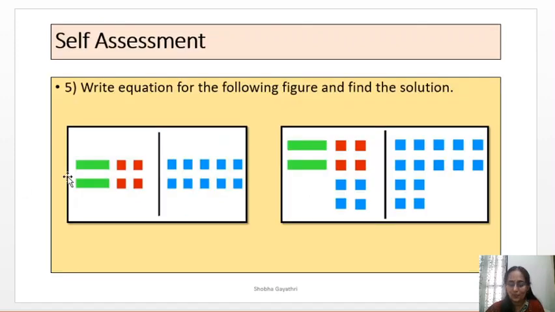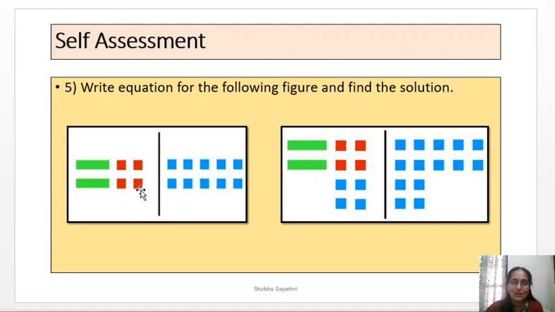We hope you are clear on the definition of the solution of an equation and on the transposing rules. If you are not that clear, watch the video again and answer this self-assessment question yourself. Here the first figure represents your question. You have to write the equation for this figure.